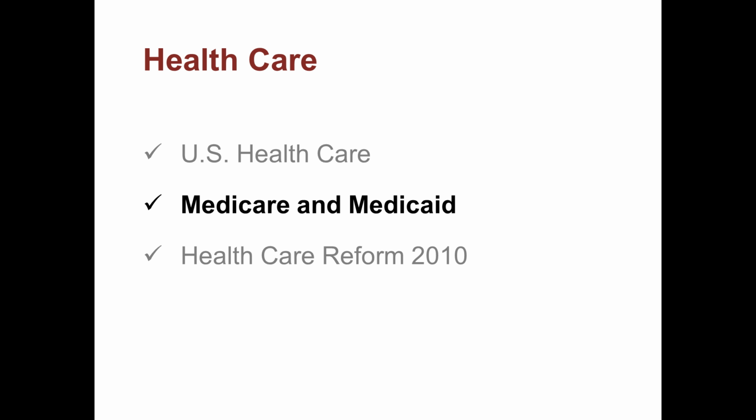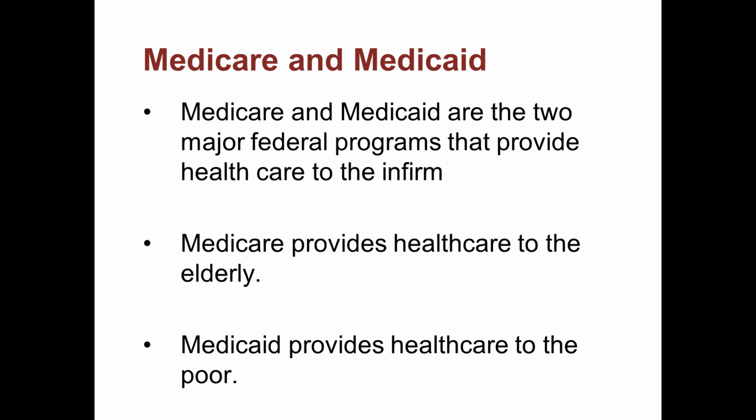All right, so let's talk about what the federal government's involvement in healthcare is. The two biggest healthcare programs in the country are Medicare and Medicaid. These are both programs that date back several decades to the 1960s. When these were passed, they were really the first large-scale effort where the federal government intervened in the provision of healthcare.